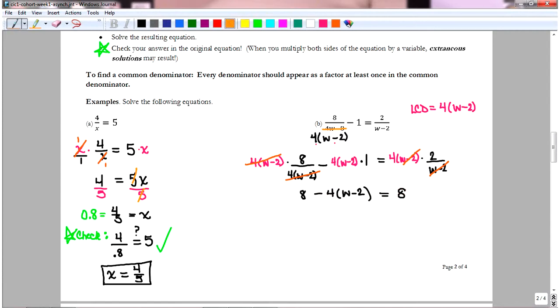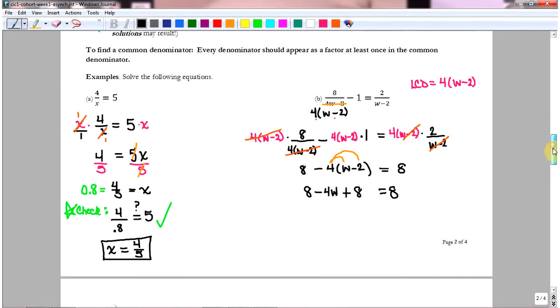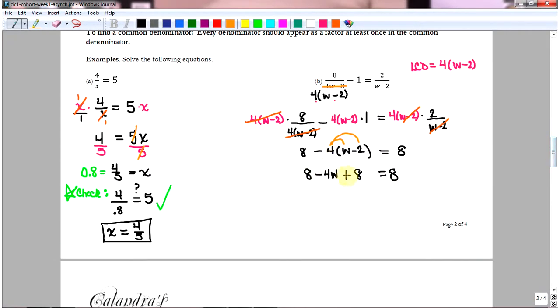Make sure you distribute the negative 4 to get rid of your parentheses, and we end up with 8 minus 4w. Negative 4 times negative 2 is a positive 8, equal to 8. Okay, so now we have our linear equation, so we need to combine the like terms on the left. So we have 8 plus 8, which is 16, minus 4w is equal to 8.